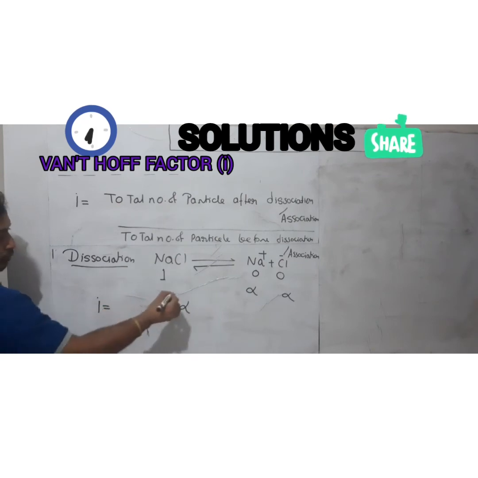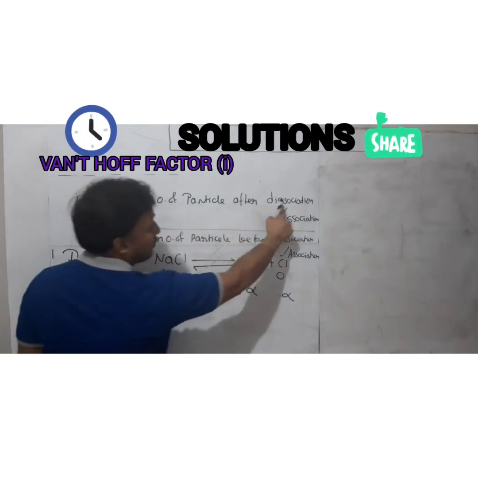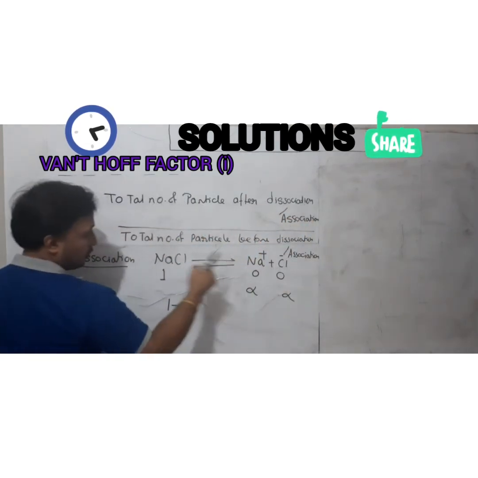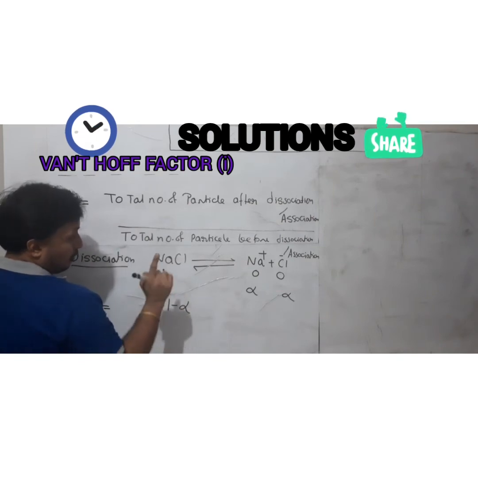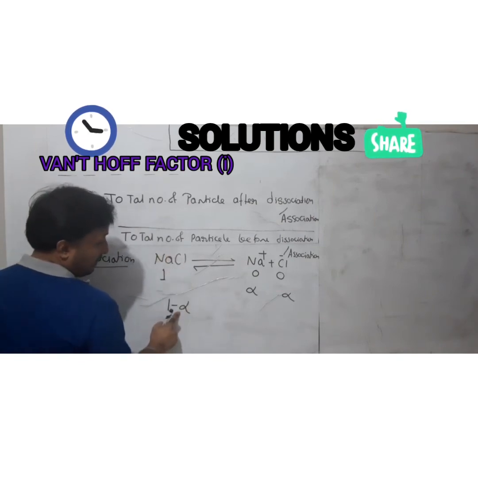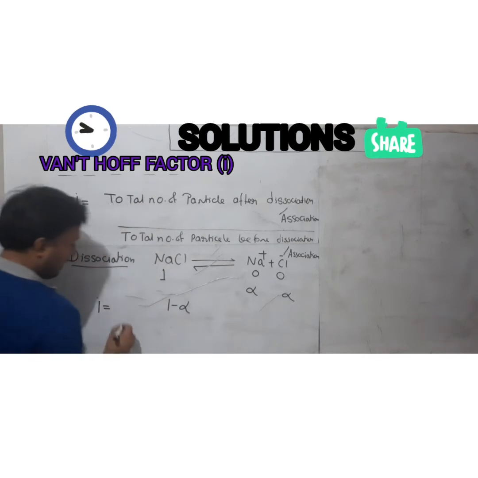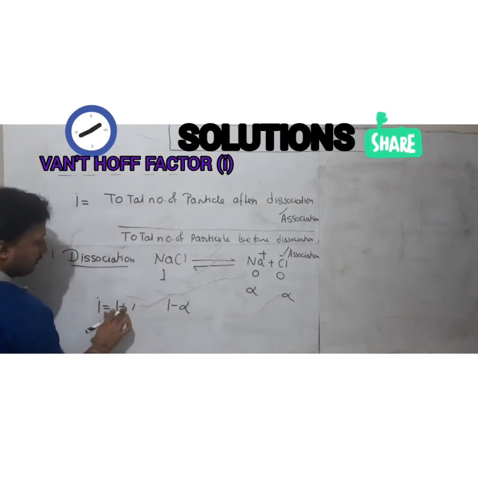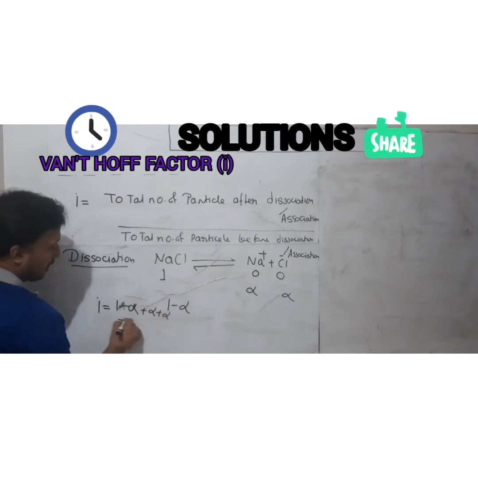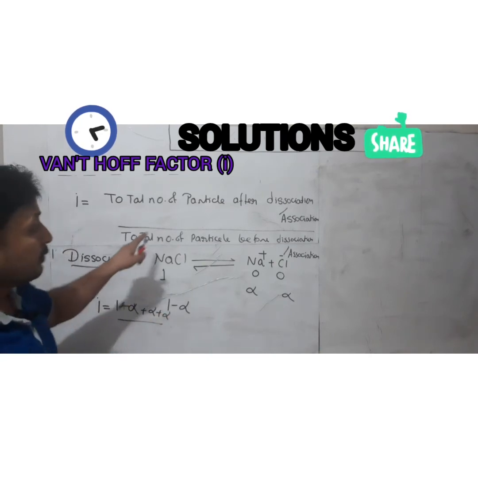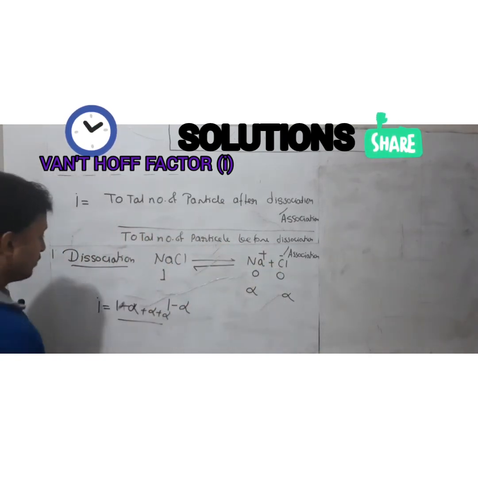i will be equivalent to the total number of particles after dissociation. Total number of particles after dissociation is 1 minus alpha plus alpha plus alpha, upon the total number of particles before dissociation, that is only 1, so it becomes 1 only in this case.